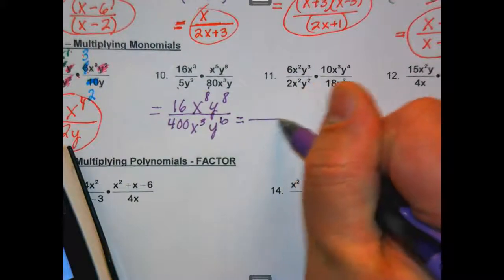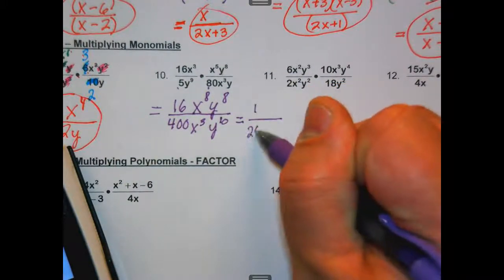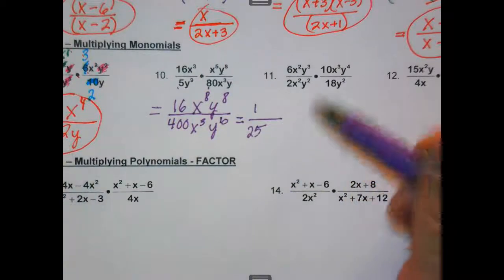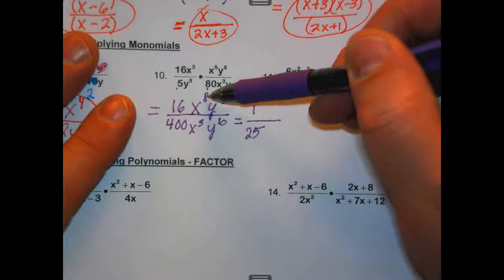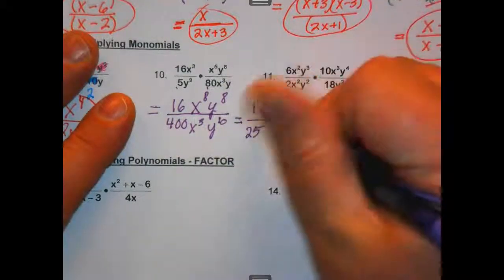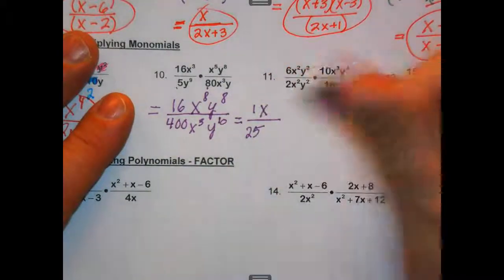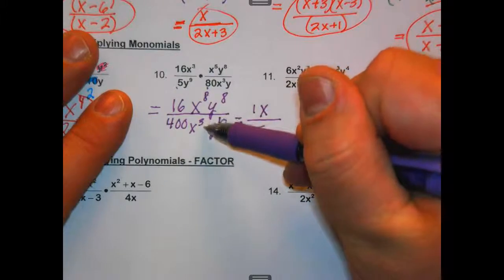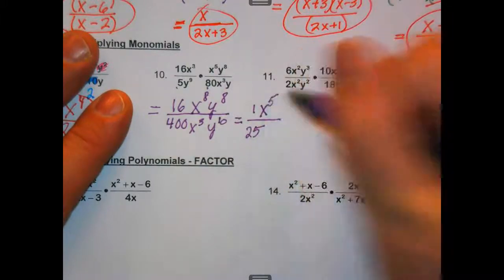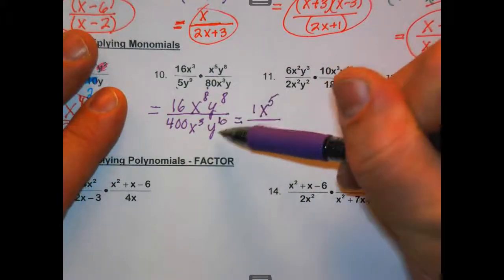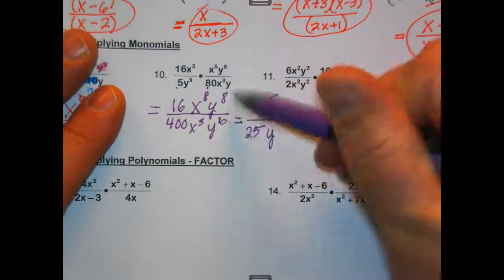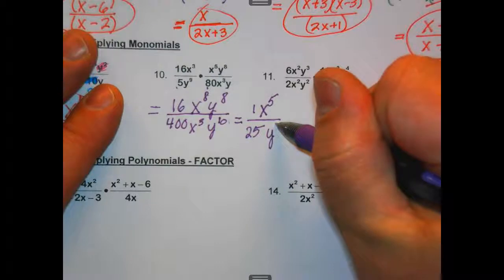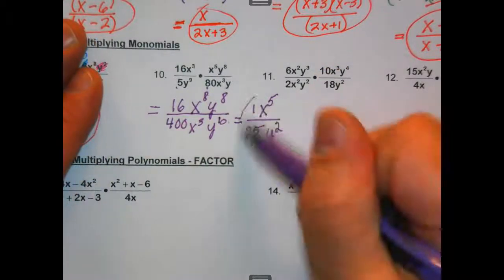So I have 1/25. Now, my x's: larger exponent on top, so my x is going to be on top. 8 minus 3. My y's: larger exponent on the bottom. 10 minus 8, 2. And I'm done.